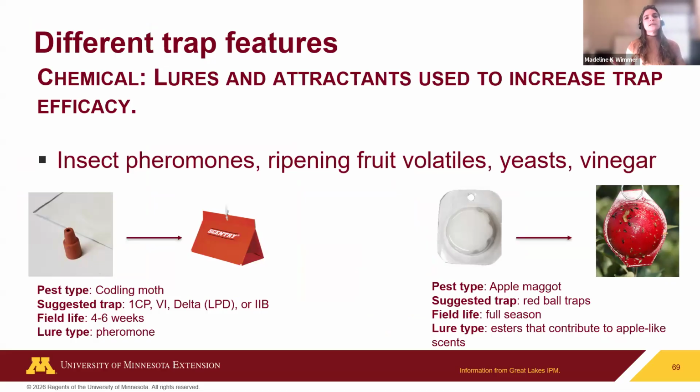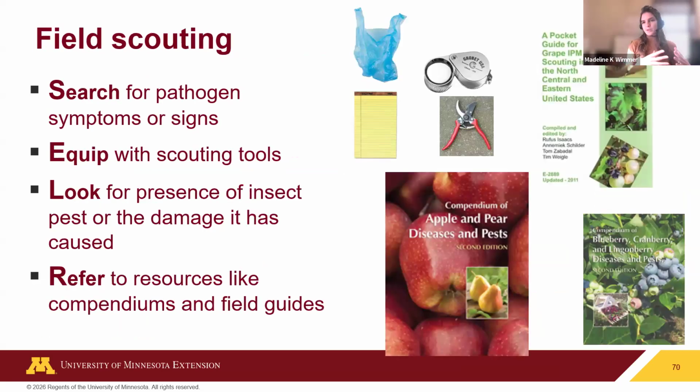You might be thinking about putting a lure in one of these traps, which is going to dramatically increase how effective they are. But again, we're trying to trap to be aware of what's on site and to track populations, not to attract and kill in this scenario, not to trap and kill in that way. So, attract and kill would be a trap that has a pesticide on it that the insect gets and then it leaves and dies. And then some traps are actually meant to trap them inside and kill them.